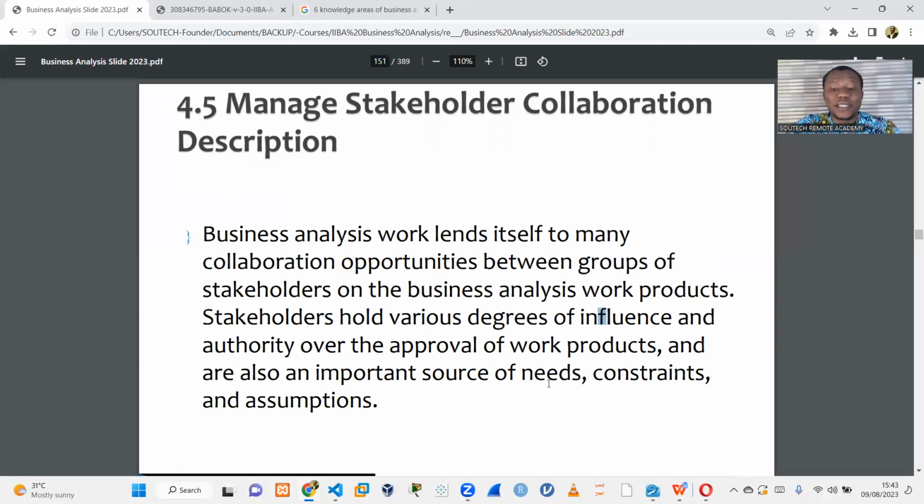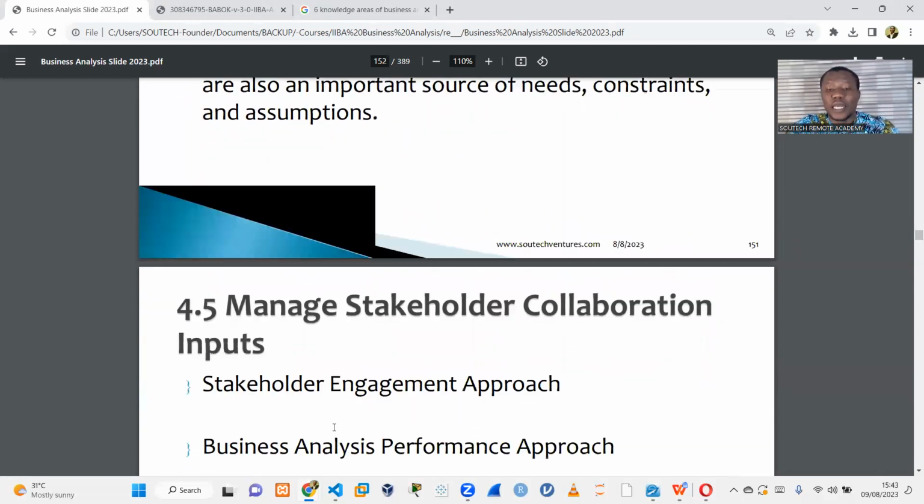Same thing for needs, constraints, and assumptions. So you can be making some assumptions, but that assumption is not in line with a chief stakeholder, someone that has a higher authority. Because if you make an assumption by what the other stakeholders say they want for this solution, and a person of higher influence and authority says, that is not what I need, so you see that you're going to have issues, and that is not what we want.